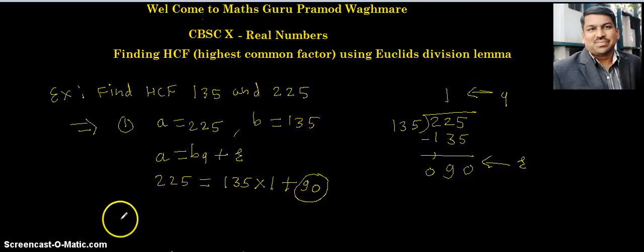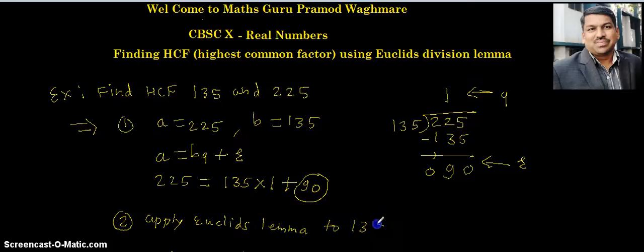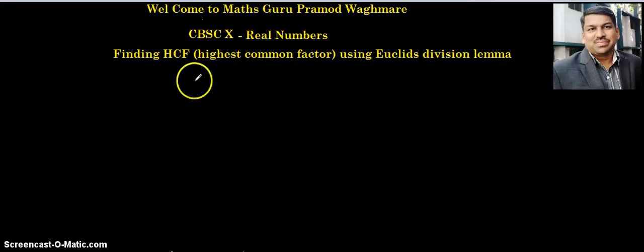So we have to go to the next step. What is the next step? Apply Euclid's division lemma to 135 and 90. So let us apply: now we divide 135 by 90.